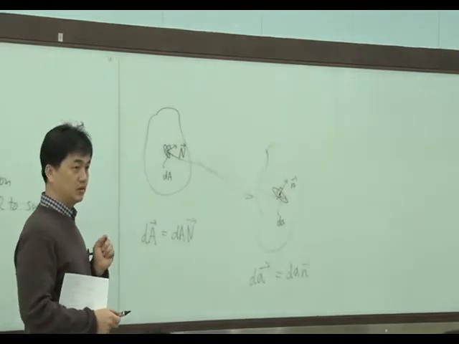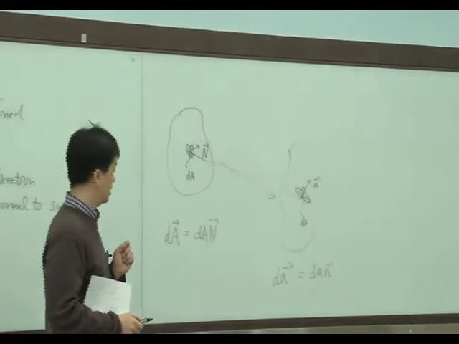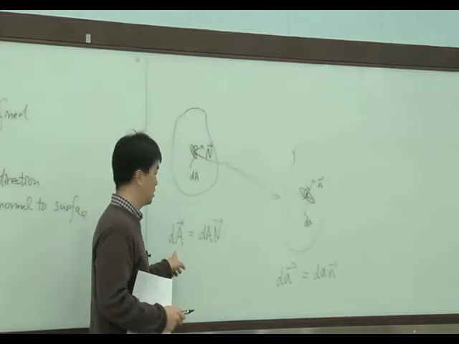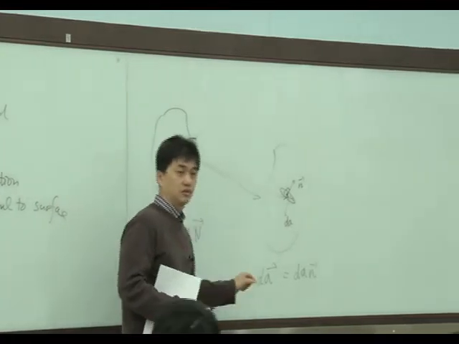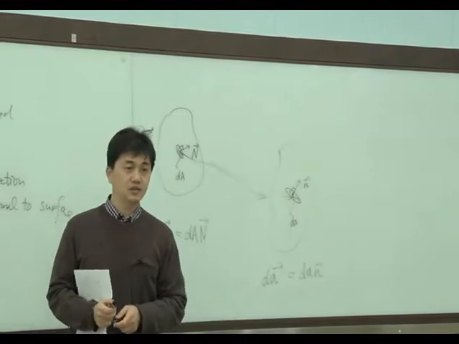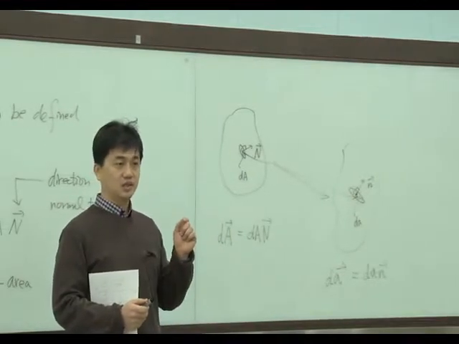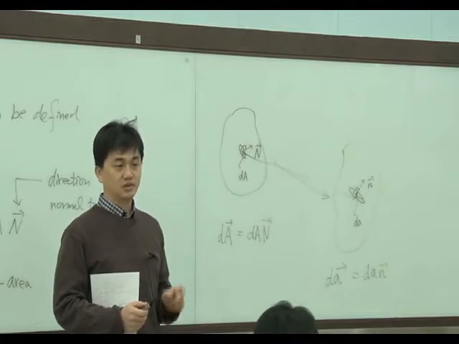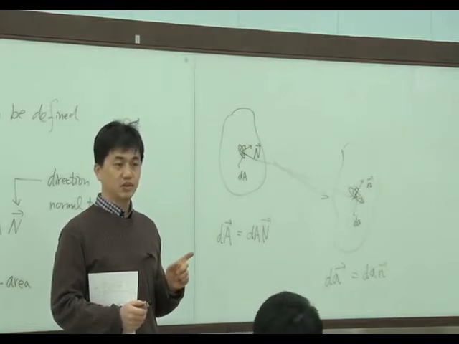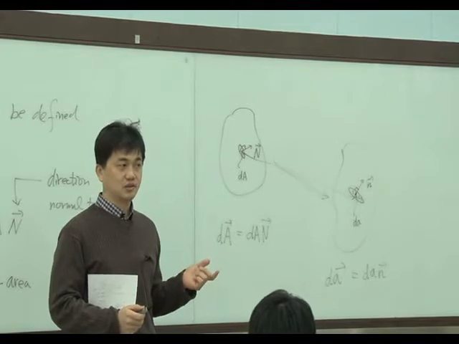So here I would like to find the relation between these two surface vectors in the initial position and current position. So what I want to do is calculate the relation.